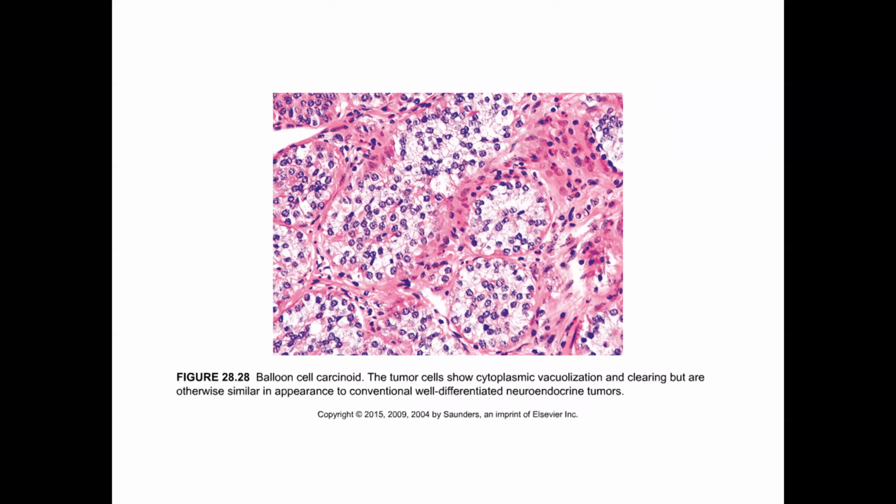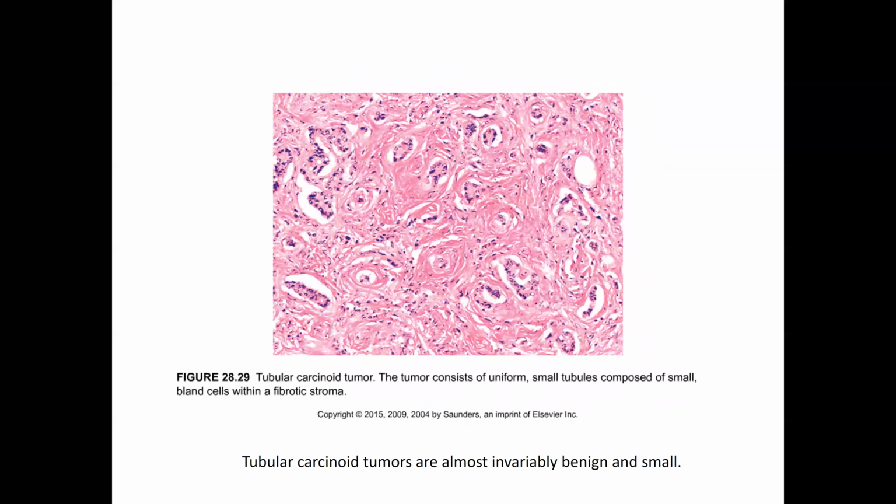Sometimes you'll have clear cytoplasm, sort of a balloon cell type of change, as seen here. And other patterns of growth, such as this more tubular pattern with slight glandular type formations, can also be seen.